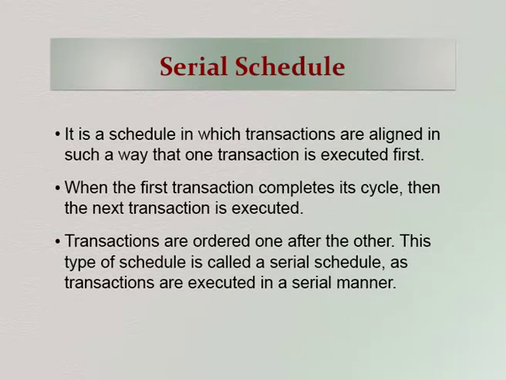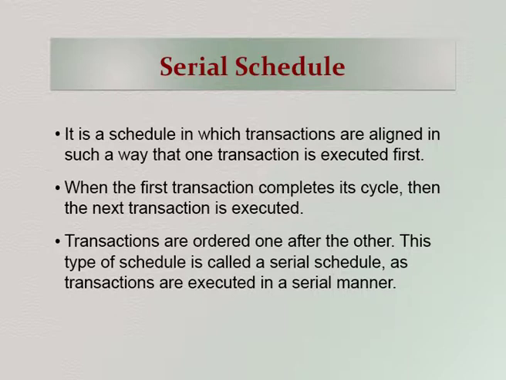Then comes how these schedules can be kept. One way is to keep them sequentially placed. That scheduling mechanism is called a serial schedule. It is a schedule in which transactions are aligned in such a way that one transaction is executed first. It completes the whole cycle, whatever task it is meant to do, and only then will the next transaction be executed.